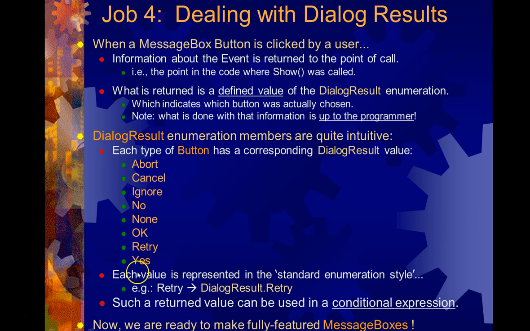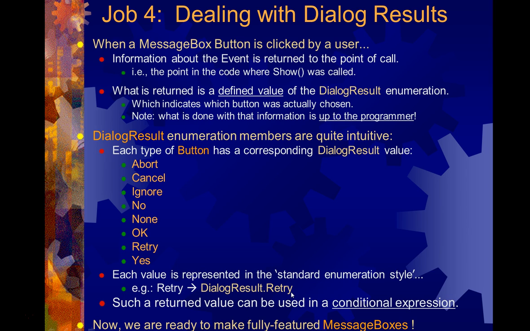So it's just one of these values, one of these options. Each type of button has a corresponding dialog result value. So we have one of these. Each value is represented in the standard enumeration style, like retry is represented as dialog result.retry. So we can test to see whether that happened or not by using this. Such a return value can be used in a conditional expression.